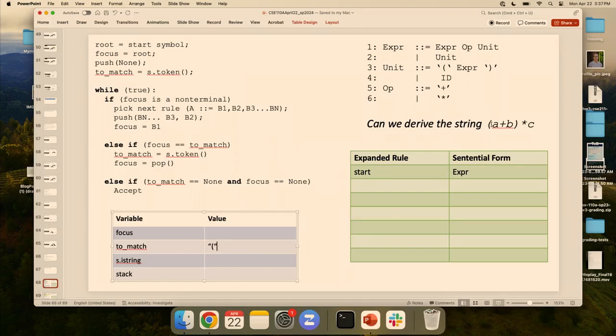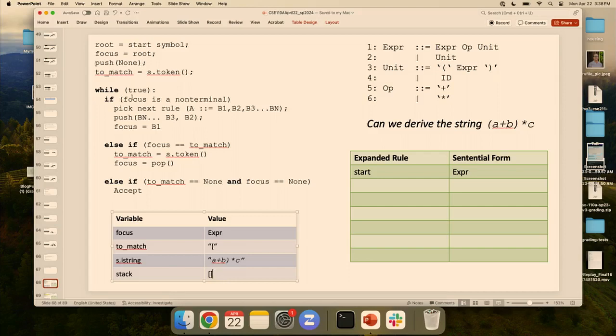Our focus is going to be the production rule, so focus is going to be an expr. The input string is what we have left to match, so that's sort of peeking into the scanner. If we peek into the scanner, this is what's left. And our stack right now is empty because we haven't pushed anything onto the stack. That's our starting state.